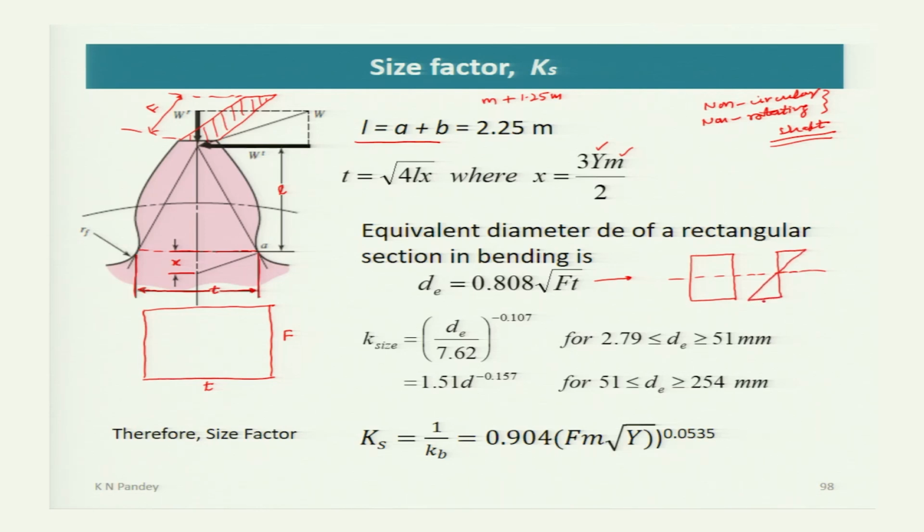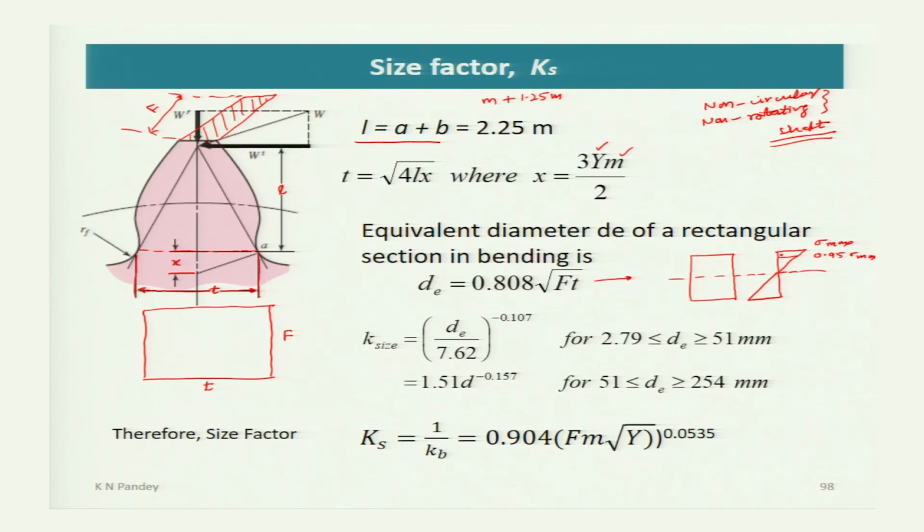Well, now the cross section which is subjected to stresses equal to or more than 95% of the maximum stress: here the maximum stress is sigma maximum, and at this point, let the stress be 0.95 of the sigma maximum.